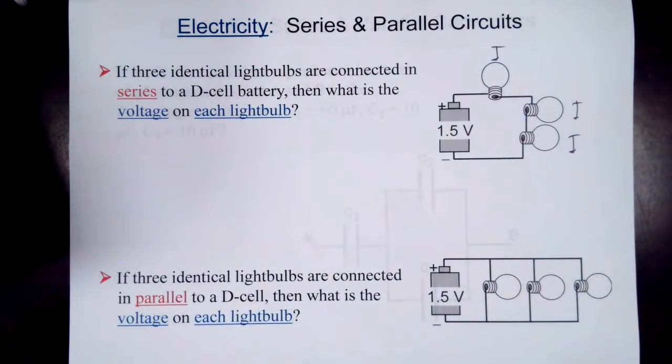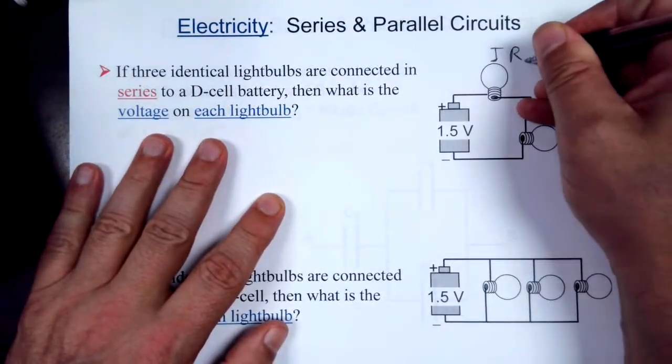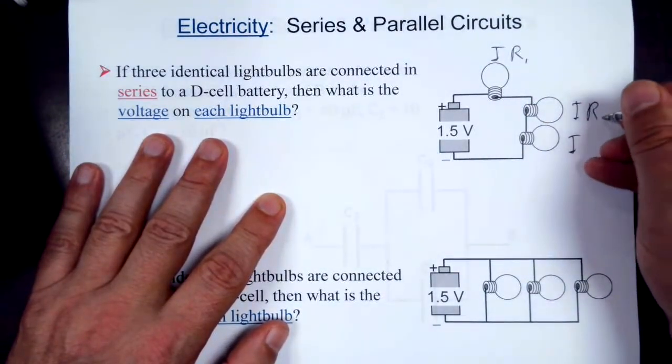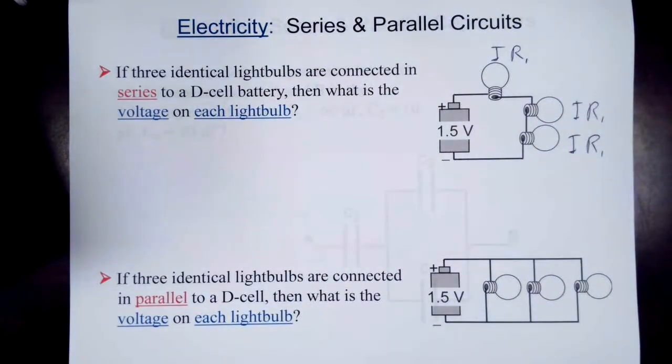Now we're told that these light bulbs are identical, so that means their resistance is also identical. Since R1 is equal to R2 is equal to R3, I'm just going to call it R1 in this case. So the voltage drop across each of these is going to be equal to the current times R1.